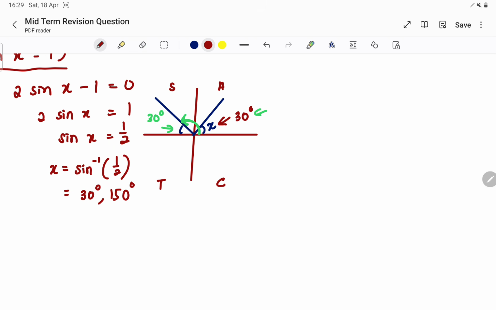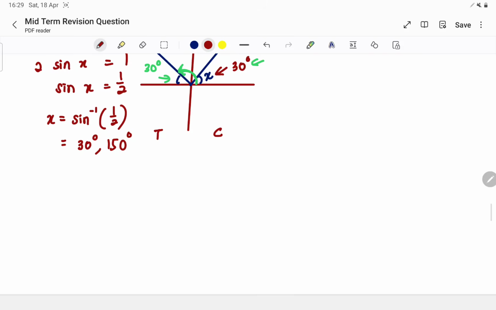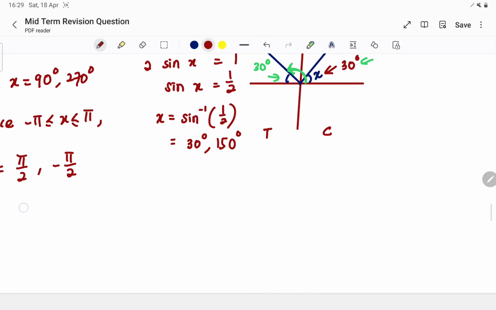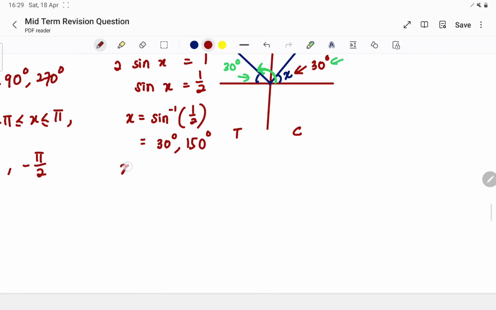Okay, so you can change this to radians, since the previous value of x we have in radians, right? So by right, your x here will become pi over 6 and 5 pi over 6. Okay, why do we still accept 5 pi over 6? Because it's still within negative pi until pi. It doesn't exceed this interval.